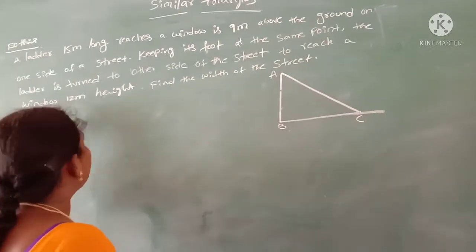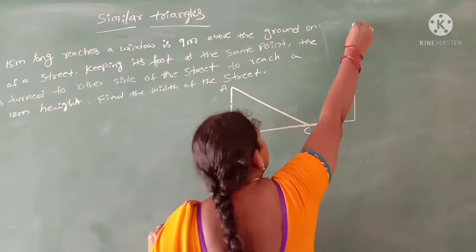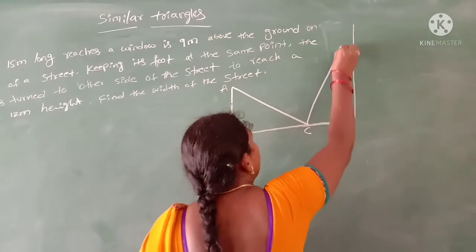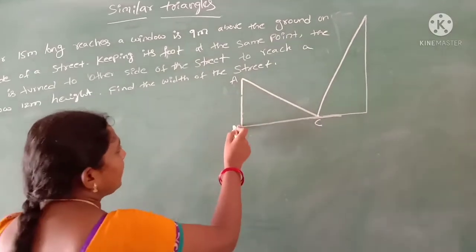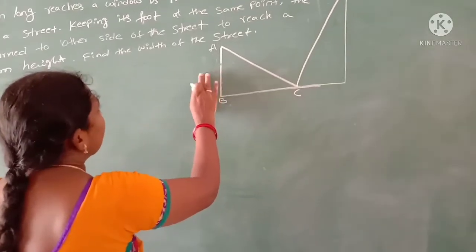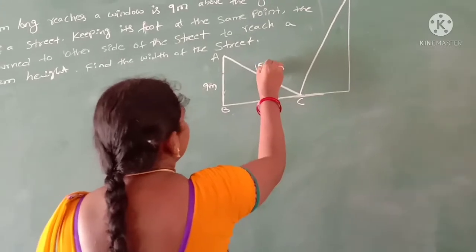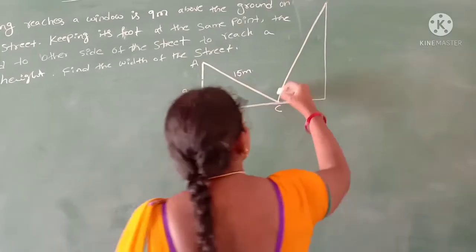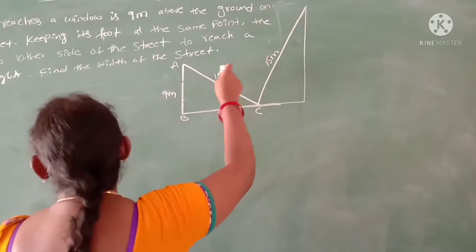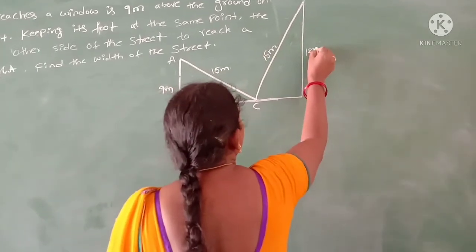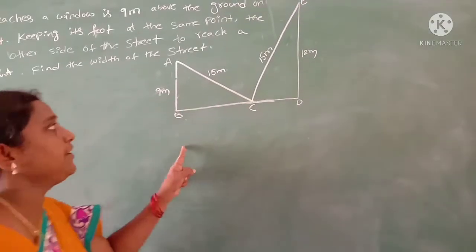The window is 12 meters high. So this height is 9 meters and the ladder is 15 meters. And this is the ladder, 15 meters, and this is another window, height 12 meters. D, E. So this is the figure.